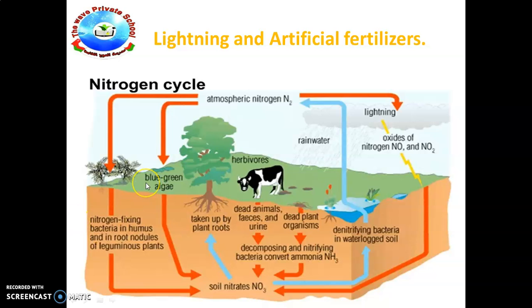This BGA, that is nothing but blue-green algae, can fix dinitrogen from the atmosphere and are called nitrogen fixing BGA, including free living and symbiotic forms. This also helps in taking nitrogen and giving it to the soil, where it will be transformed into nitrate ions which can be used again by the trees.